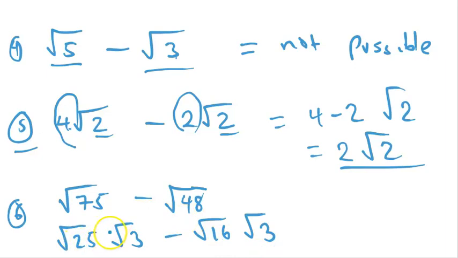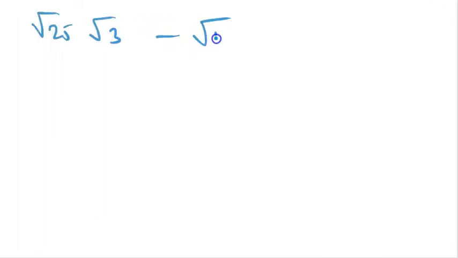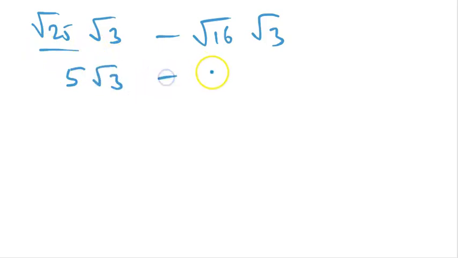Okay, now that you have broken down into two radicals where one of them has a perfect square, we continue on this page. Root 25 times root 3 minus root 16 times root 3. This has a perfect square, so it becomes 5 root 3 minus 4 root 3. Now we have to look at what is inside the radical.